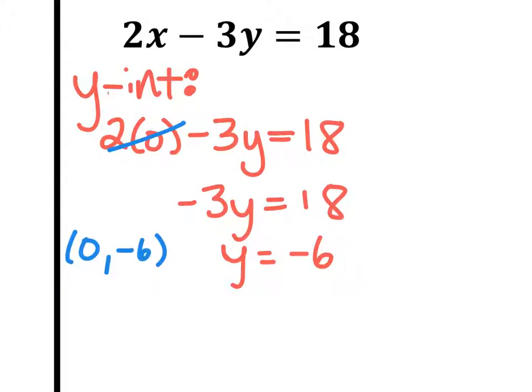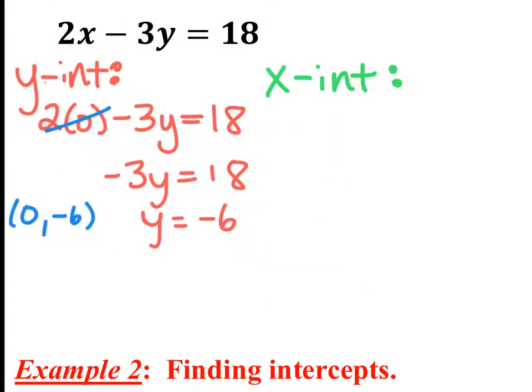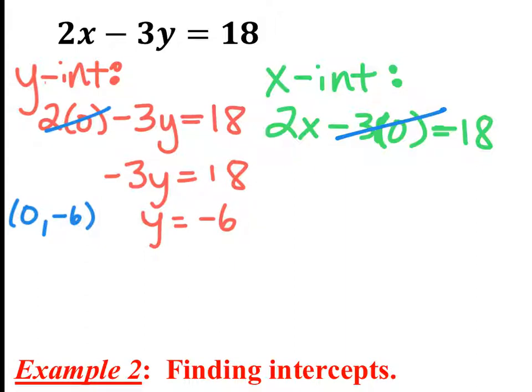Go ahead. If I want to solve for the x-intercept, what is y when we have an x-intercept? 0. Y is 0. And so we're going to do the same thing, except this time we're going to put 0 for y. That's 3 times 0, which is 0, so it goes away.